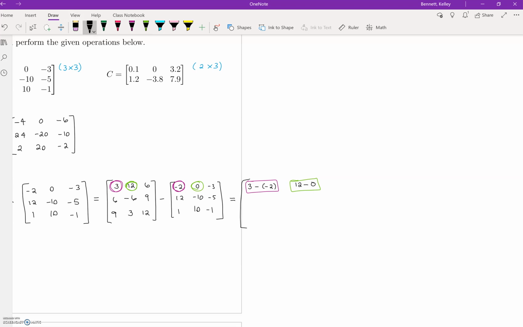So let's continue. So in the first row, third column, I'm going to get 6 minus -3. And now I can proceed to the second row where I get 6 minus 12, minus 6, minus -10. And just to highlight again our location.